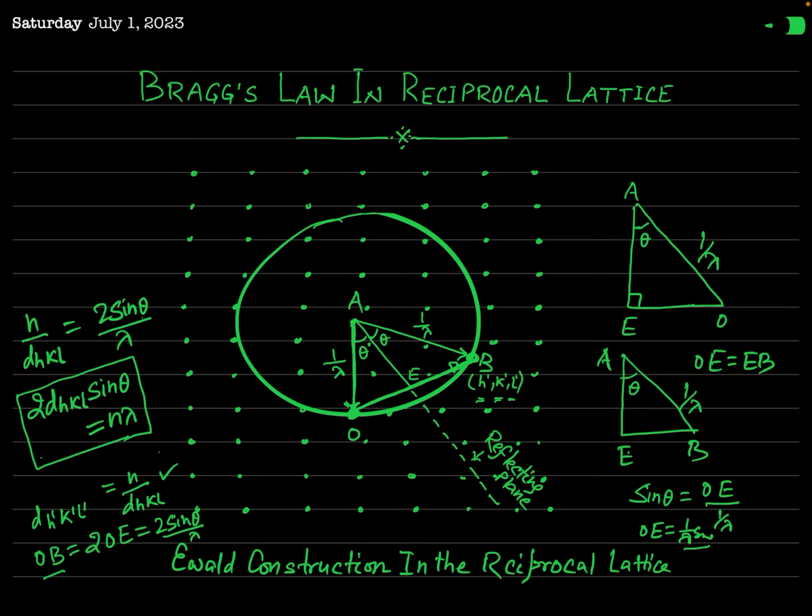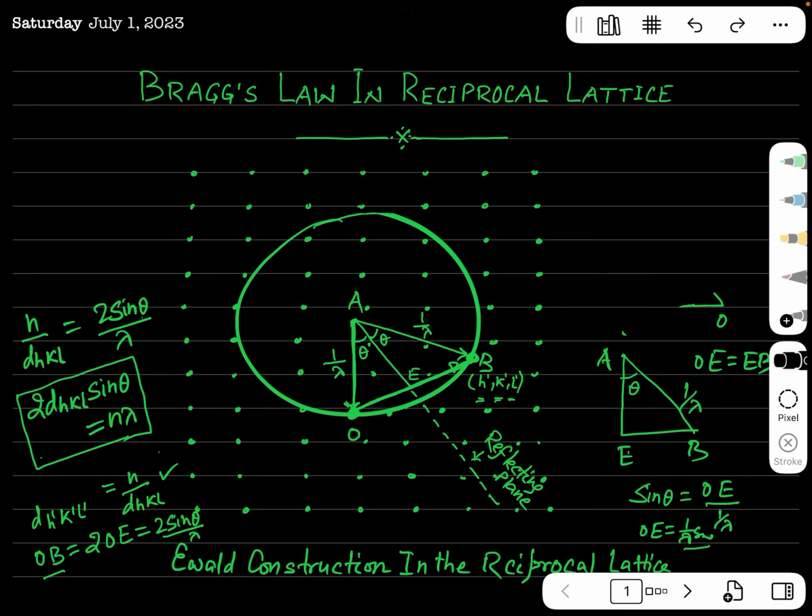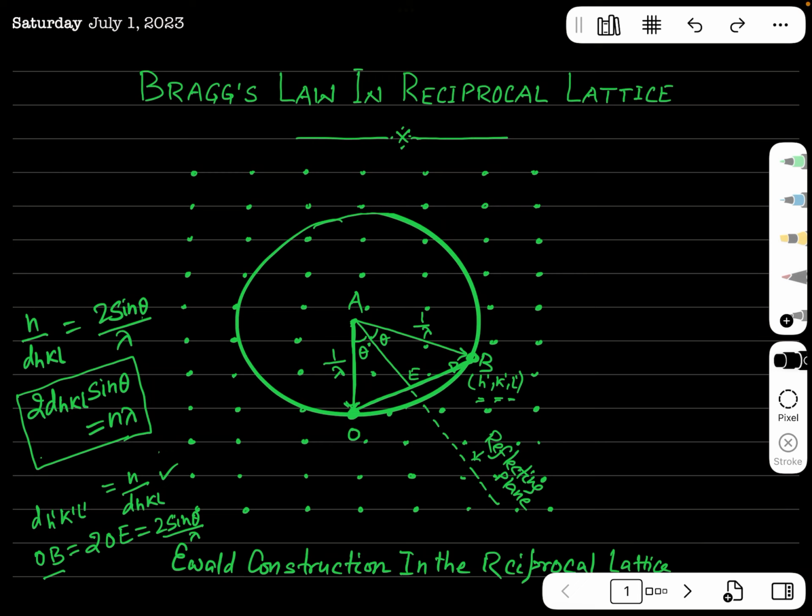So in this calculation, you can see easily that in terms of the reciprocal lattice, we can derive Bragg's law. This derivation is very simple, and I hope you have understood how we can think about the derivation of Bragg's law in terms of the reciprocal lattice vector.